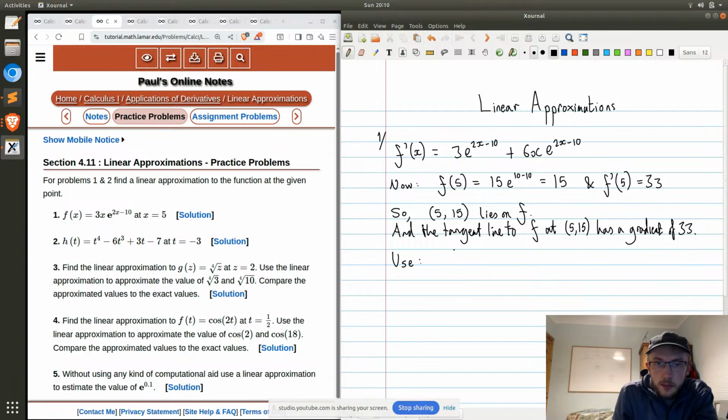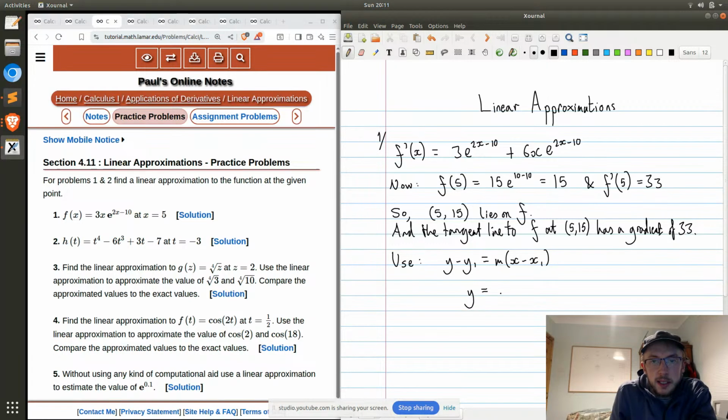Use y minus y1 equals m, open brackets, x minus x1, and just plug everything in. Or I should really start remembering it as y equals y1 plus m times open brackets x minus x1. Anyway, so there's my x1, there's my y1, and there's my m.